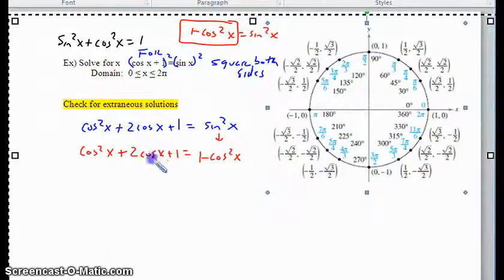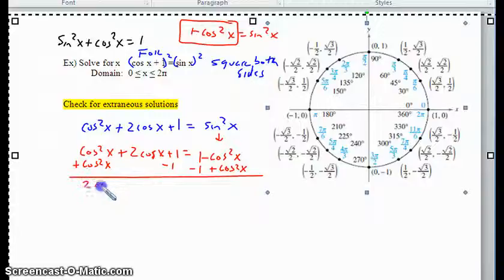Again, the reason I'm doing this is that now this problem has one trig function in it, and that trig function is just cosine. Let's move everything over to the same side so that my problem is equal to 0. So 2 cosine squared x plus 2 cosine x equals, cancels, 0.